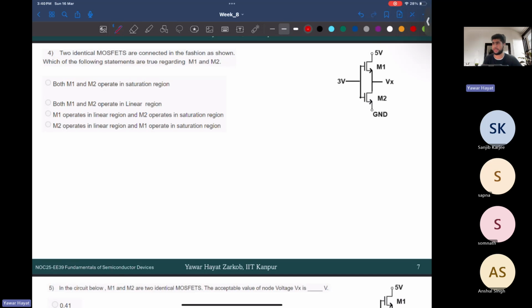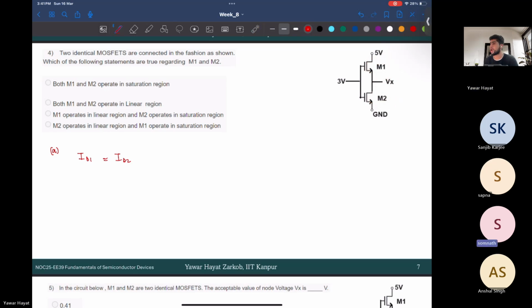So I'll be taking these cases one by one. Let me take option A first. ID1 is equal to ID2. I can write this because M1 and M2 are in series.